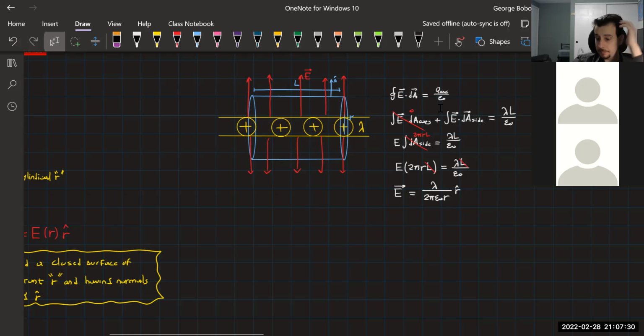So in general, Q enclosed is always the integral of your respective charge density and the respective length associated with it. If it's 1D, it's the integral of lambda dl. If it's 2D, it's the integral of sigma dA.